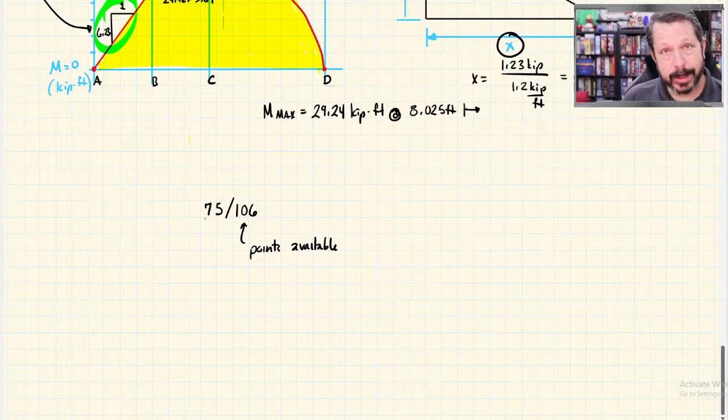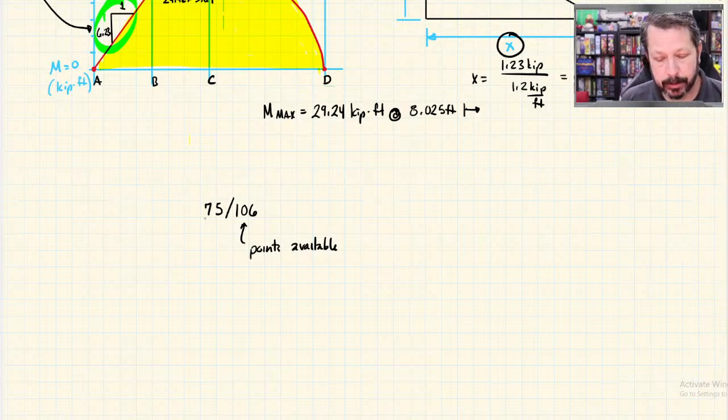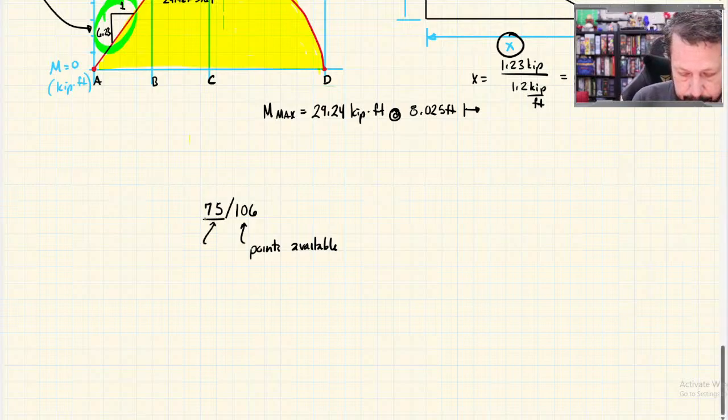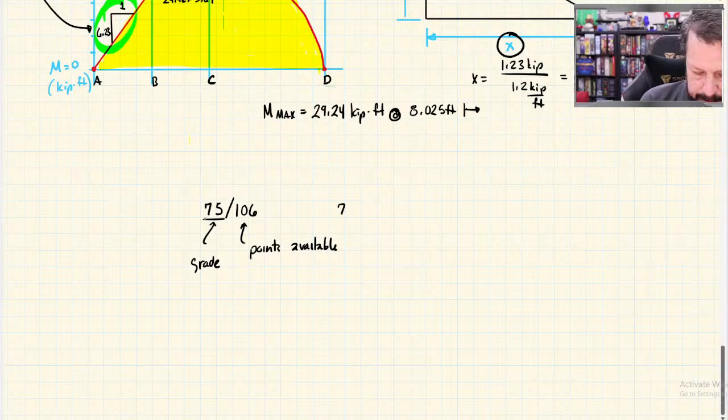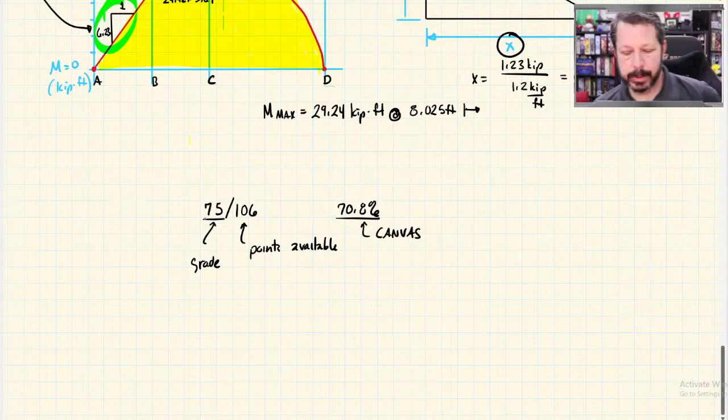Then the grade that I'm actually going to use when I go to calculate your final grade is 75. But what it might be showing you is 75 divided by 106, 70.8%. So Canvas might be showing you that. But your actual grade would be a 75.